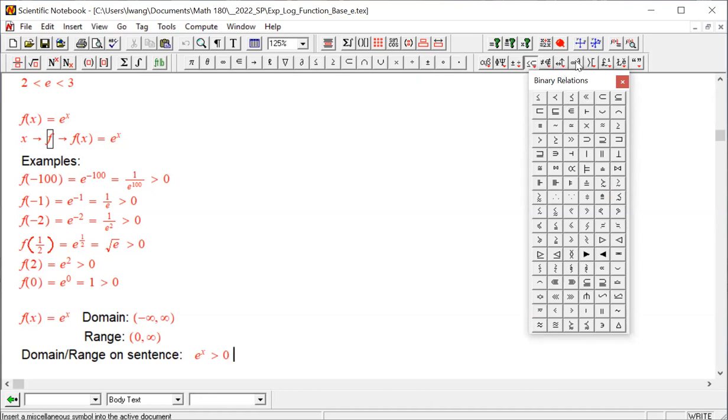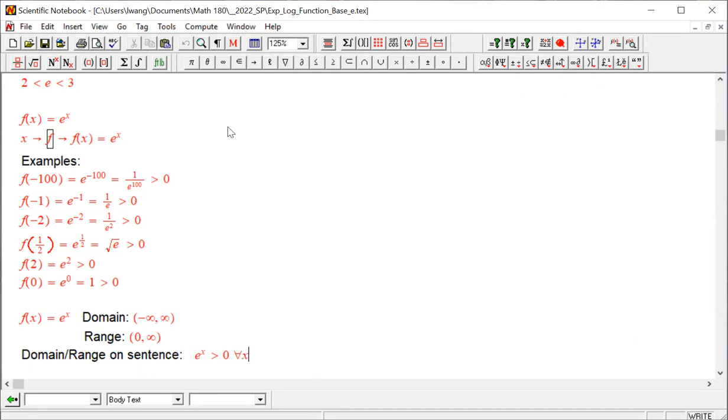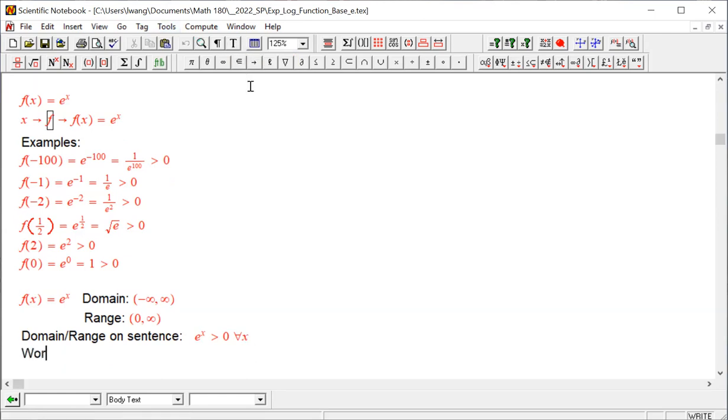Let me see if I can find that symbol. I think it's right here. For any real number x, okay? And in words, you can say it in different ways. You can simply say e to the power x is always positive for any real number x.